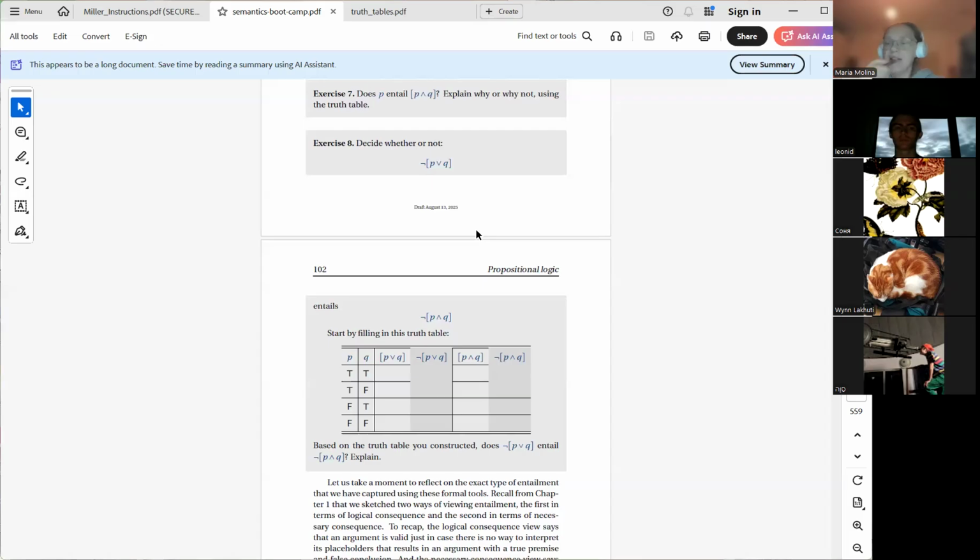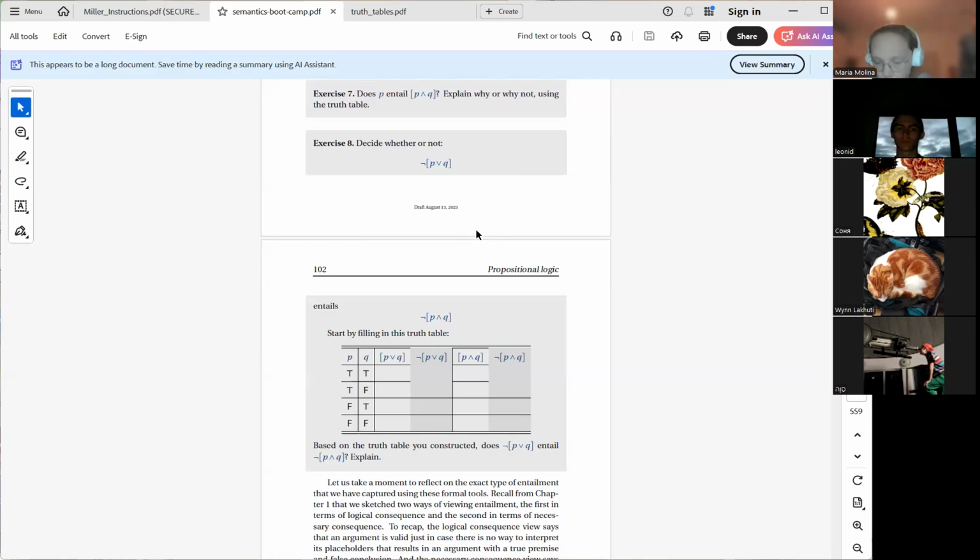You remember that negation of P or Q is the same, we just proved that, as negation of P and negation of Q: it isn't raining and it isn't windy, not both.